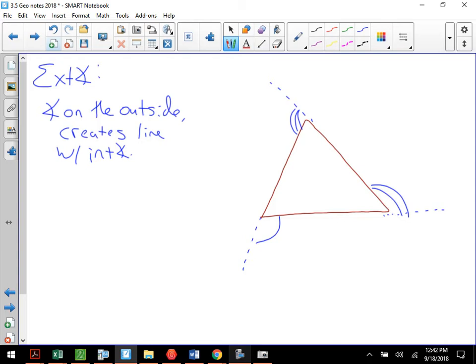And then obviously, if you want to take it a step further, you know that if it creates a line, they have to add 180 and so on. So if I go back to, we used A, B, and C a minute ago from the triangle, I think? If I go back and I label those out again, I'm going to get rid of some of these extras for a second.